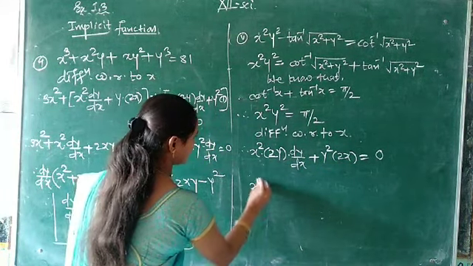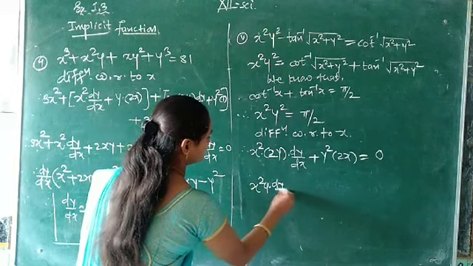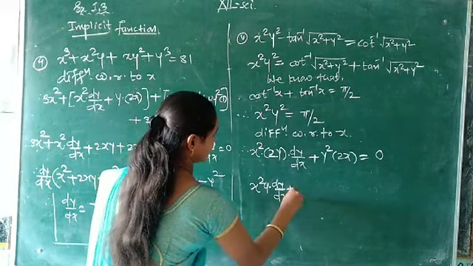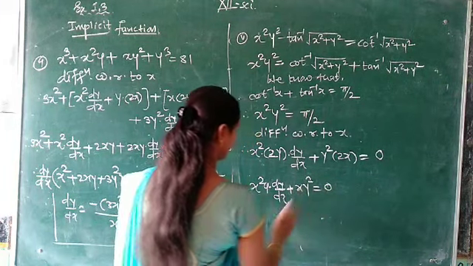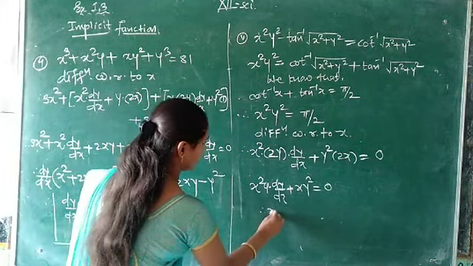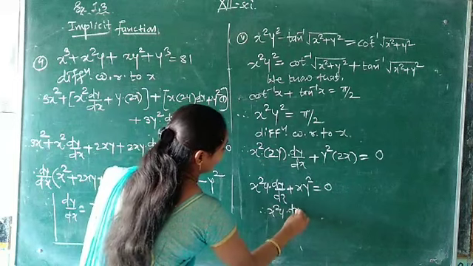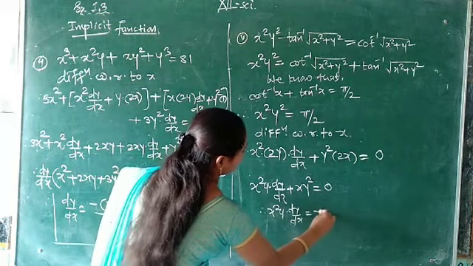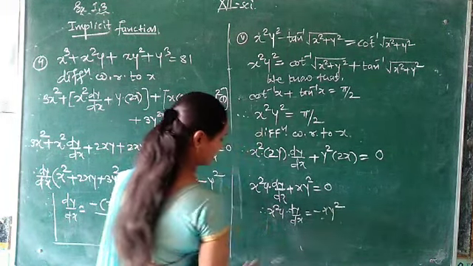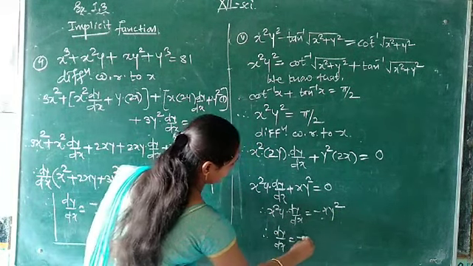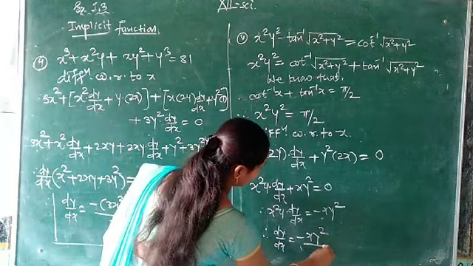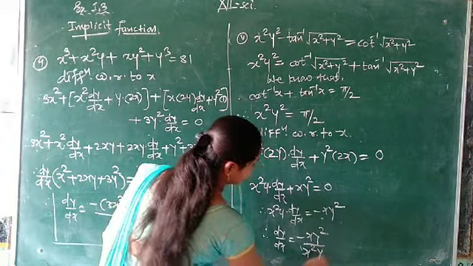The remaining part is x square y dy upon dx plus xy square is equal to 0. Therefore, x square y into dy upon dx is equal to minus xy square. Therefore, dy upon dx is equal to minus xy square upon x square y.